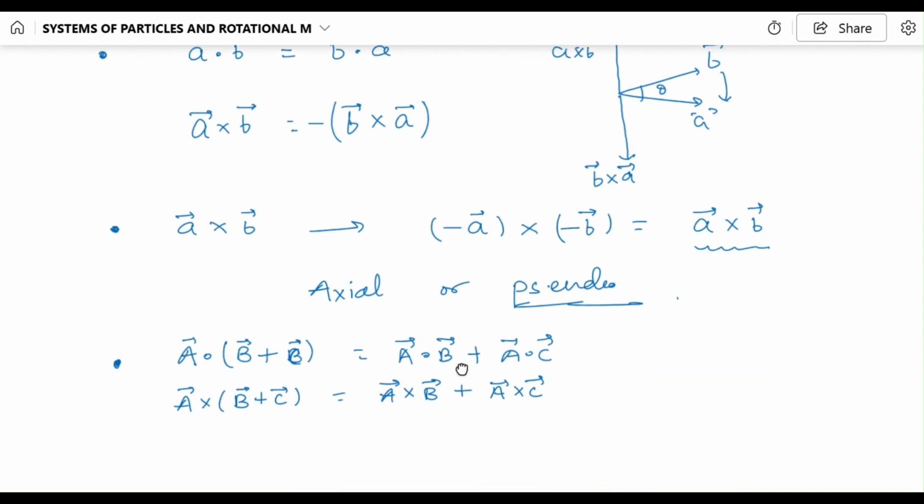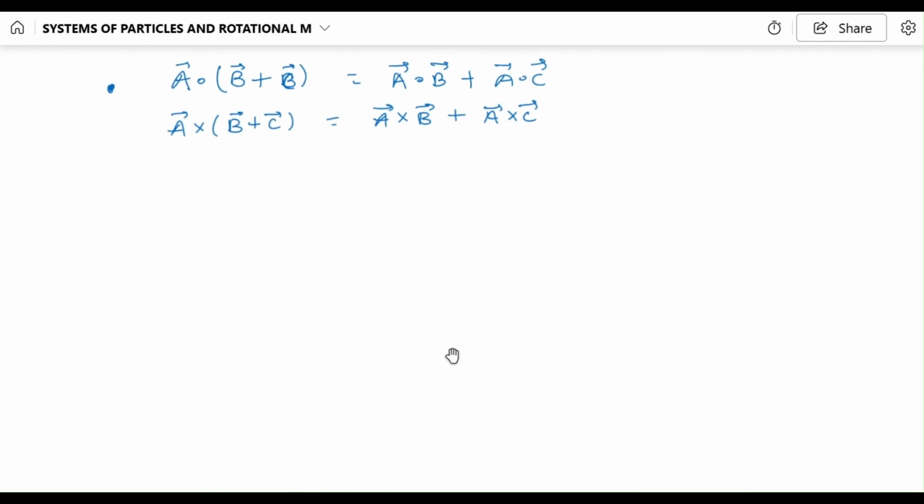Now moving to a few more properties. What about doing the cross product of a vector with itself? This should be 0 because this is A into A sine of the angle between these two vectors, which will be 0.